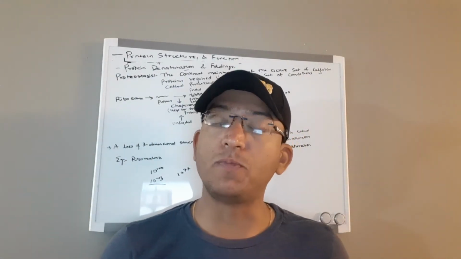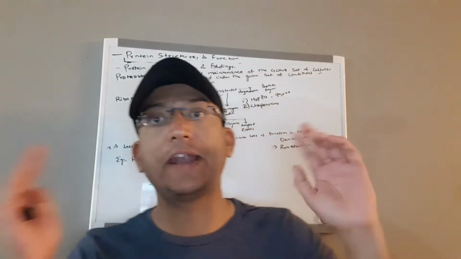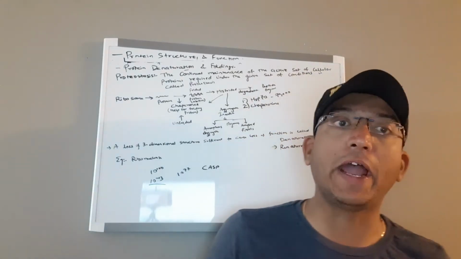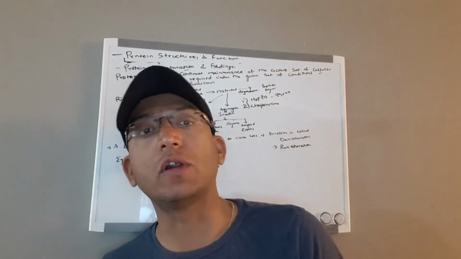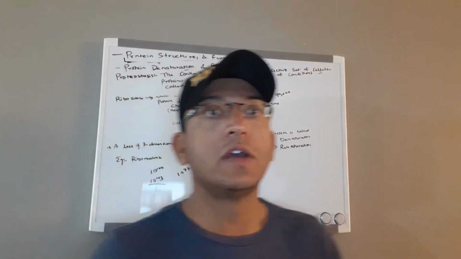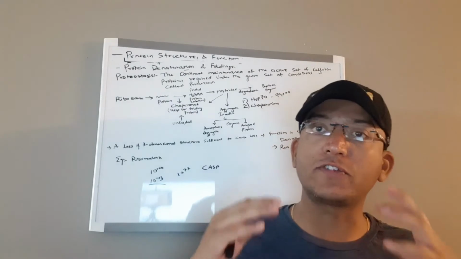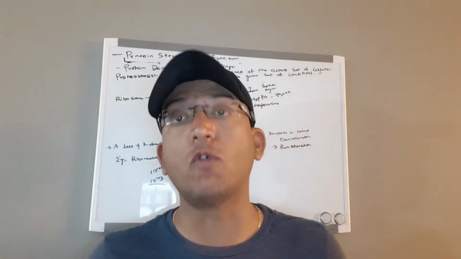HSP70 binds and releases the polypeptide in a cycle that uses energy from ATP hydrolysis and involves several other proteins. The chaperonins are elaborate protein complexes required for the folding of some cellular proteins that do not fold spontaneously.